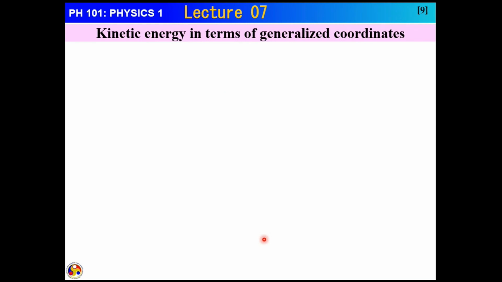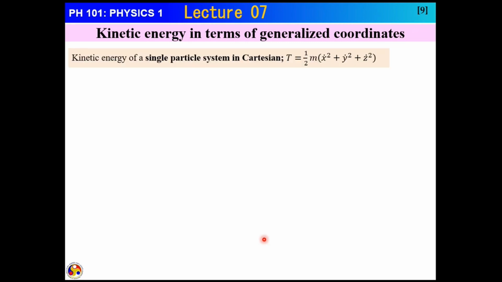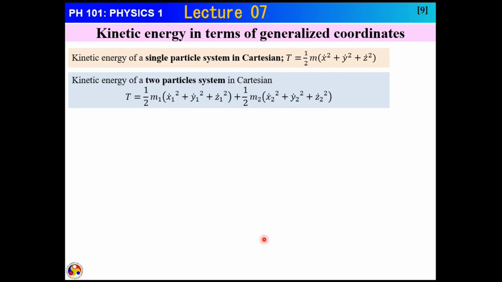Now, how to write the kinetic energy terms of the generalized coordinates? Well, we know that in the simple Cartesian form, the kinetic energy of the system is half m (x dot square plus y dot square plus z dot square).